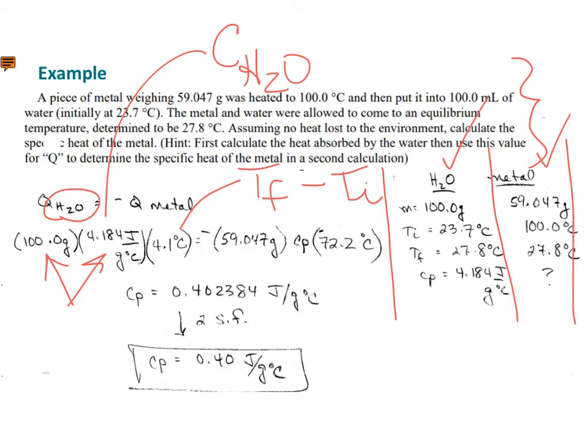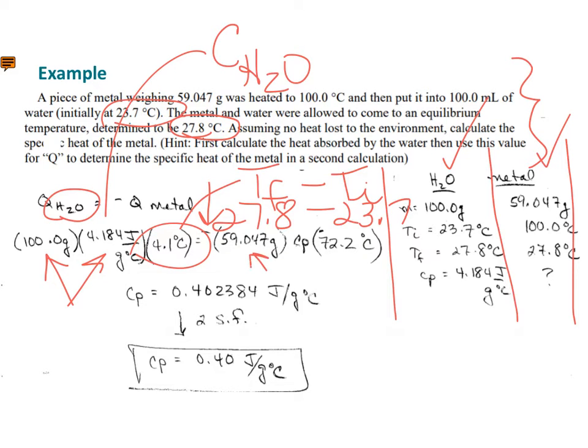Okay, so the equilibrium or the final temperature is 27.8, and the initial temperature for water is 23.7. So that's where the 4.1 degrees comes from. And again, remember the negative sign, and it doesn't matter what side it's on. It's just showing that the absolute value is the same, but the heat's going in different directions.